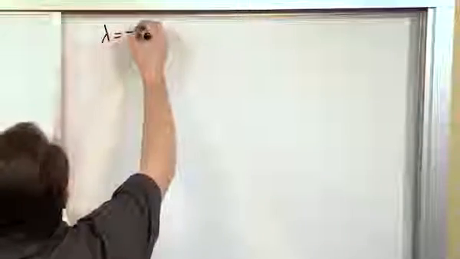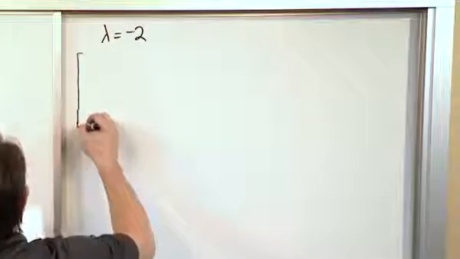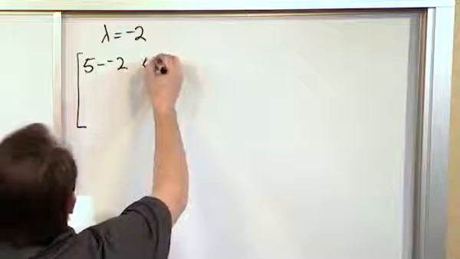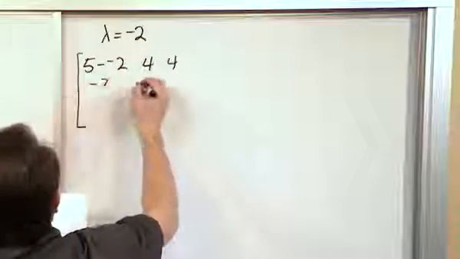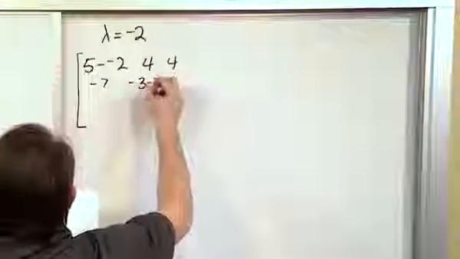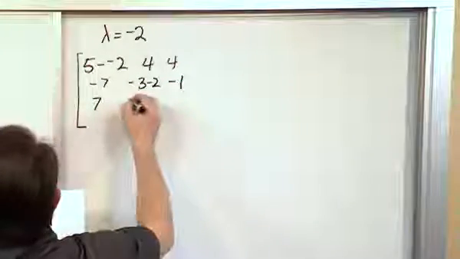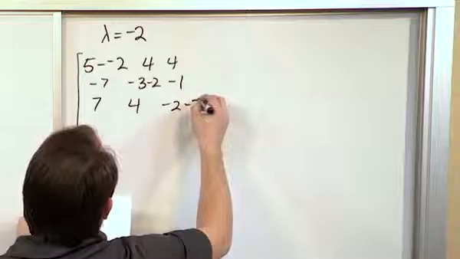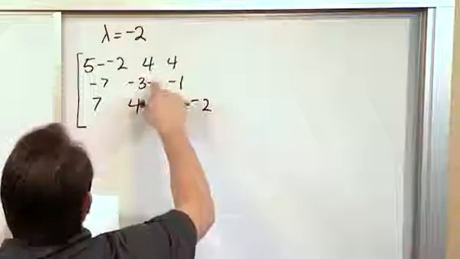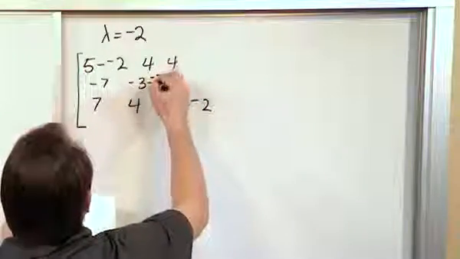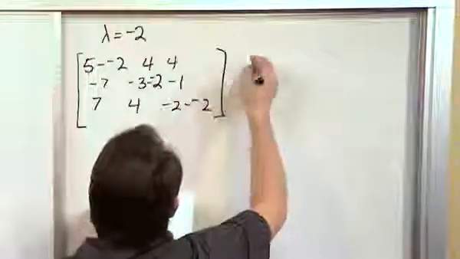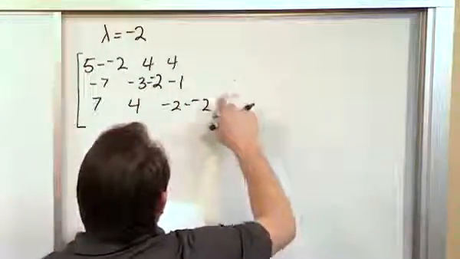The last eigenvalue is negative 2, so we have to do the same process again. So we go back to our matrix and say 5 minus negative 2, 4, 4, negative 7, negative 3 minus 2, negative 1, 7, 4, negative 2 minus a negative 2. Actually, this is not 3 minus 2. This is 3 minus a negative 2 because we subtract the eigenvalue. We'll just make it an augmented matrix right now.